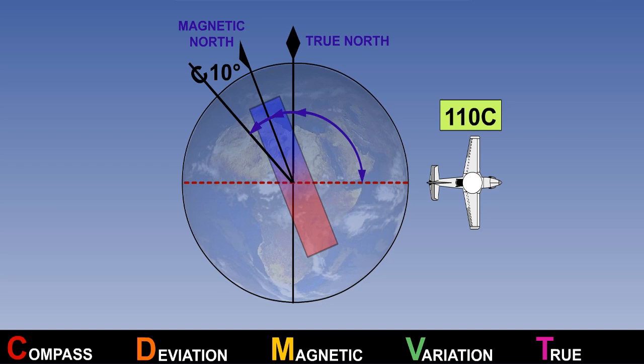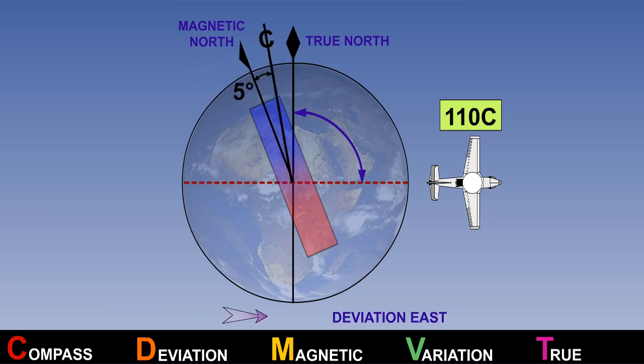If we were to assume that deviation was 5 degrees east instead of 10 degrees west, the compass heading in our example would be 095 degrees. It is possible to remove a large amount of deviation error by appropriate calibration and correction of the compass. This process is called a compass swing, which we will look at next.